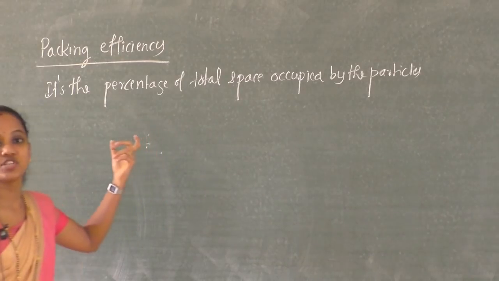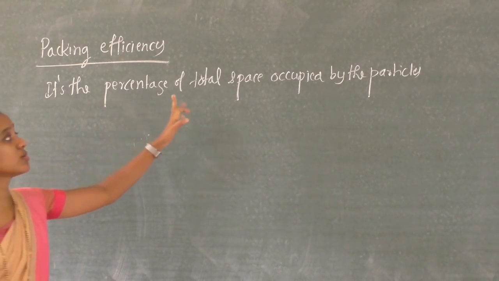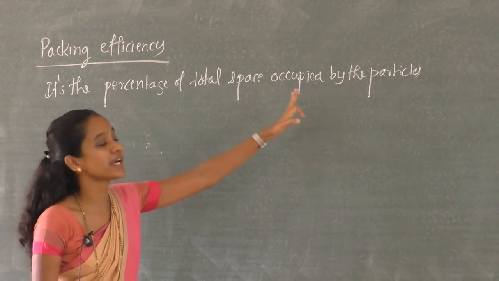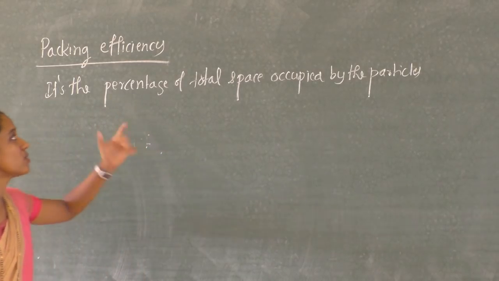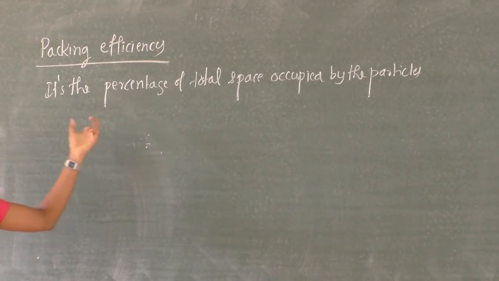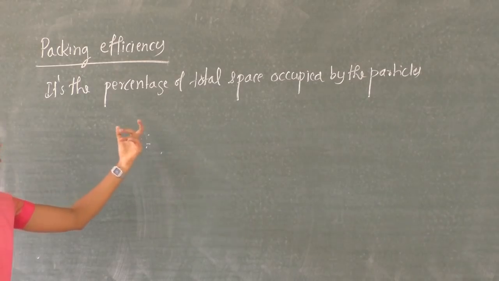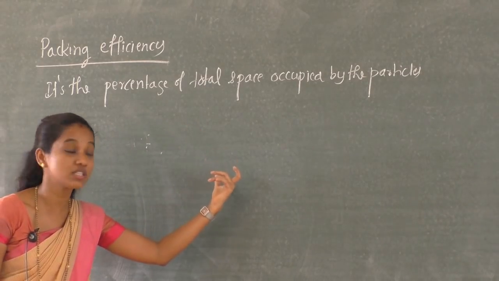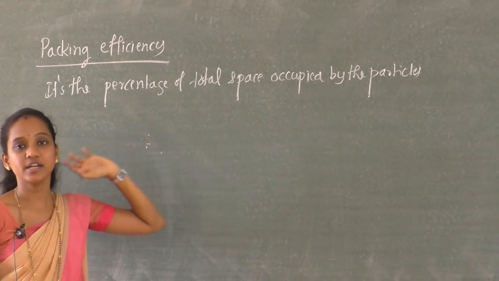Packing efficiency means it is a percentage of total space occupied by the particles. So now we have to calculate the packing efficiency in simple cube, in body centered cubic unit cell, and in face centered cubic unit cell.